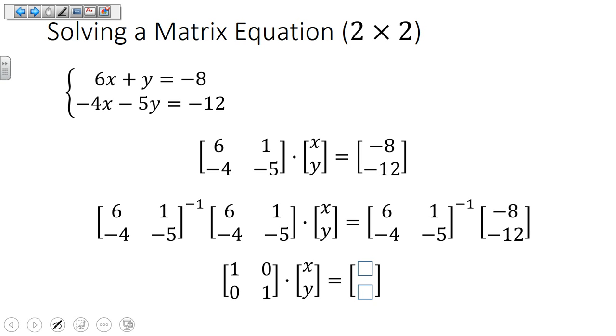Now, standard algebraic rule here: whatever I do on one side, I have to do on the other. And I have to do this very specifically because this inverse right here is multiplied in front, and because multiplication is not commutative with matrices, I've got to make sure that I put it in front on the other side.